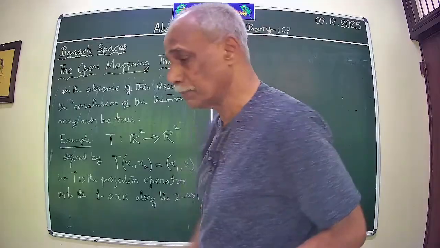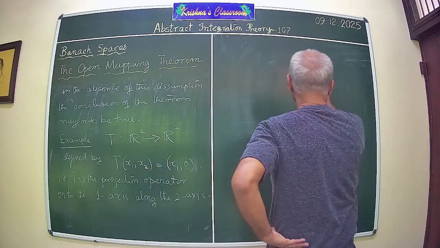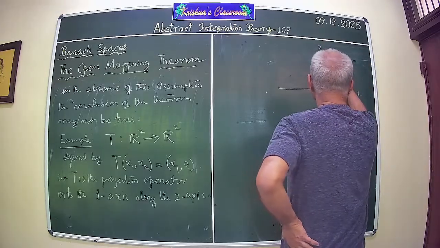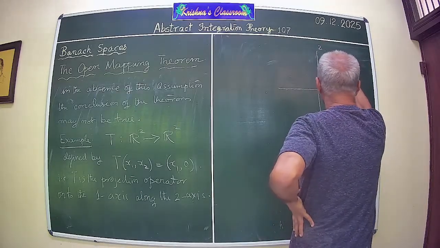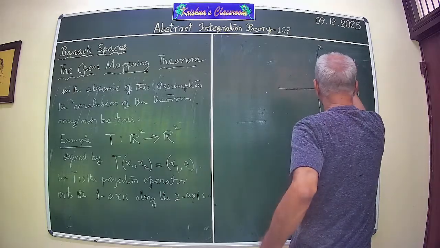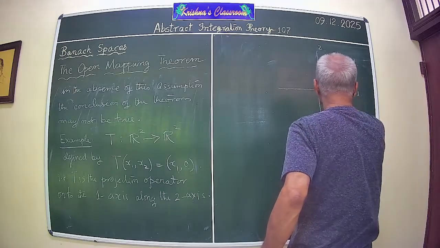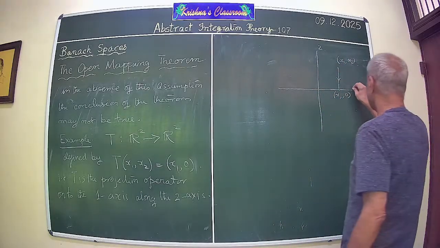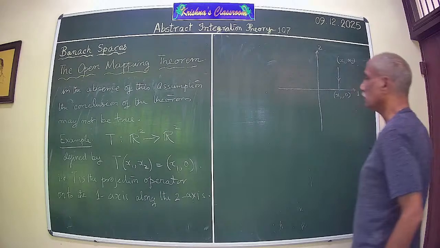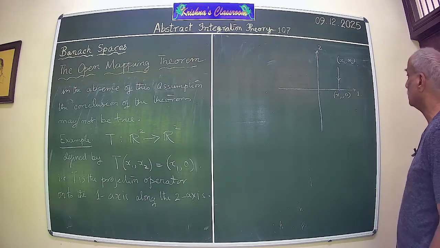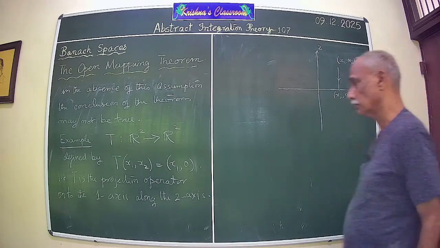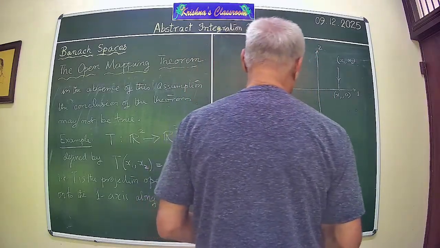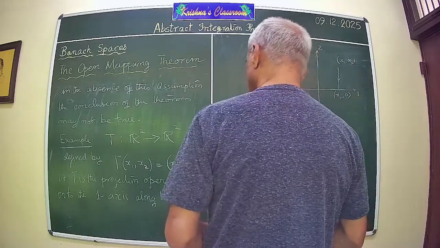If we have chosen the basic coordinates orthogonally, suppose this is the one axis and this is the two axis, and this is the point x1, x2, then this map takes it to 0 along this axis 2, which is what you call the projection onto the one axis along the two axis.